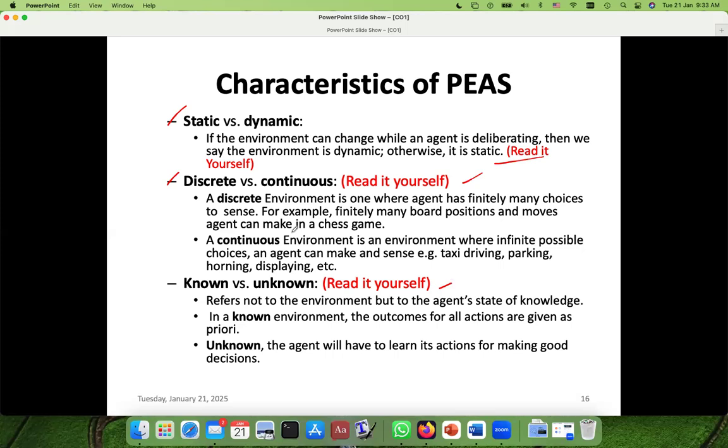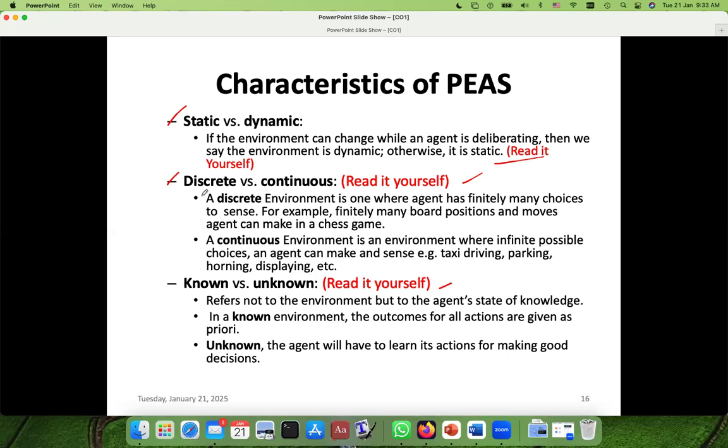Anyhow, discrete and continuous, I can give you just a simple idea. A discrete environment is an environment in which you have different and unique states. There is no repetition of states.